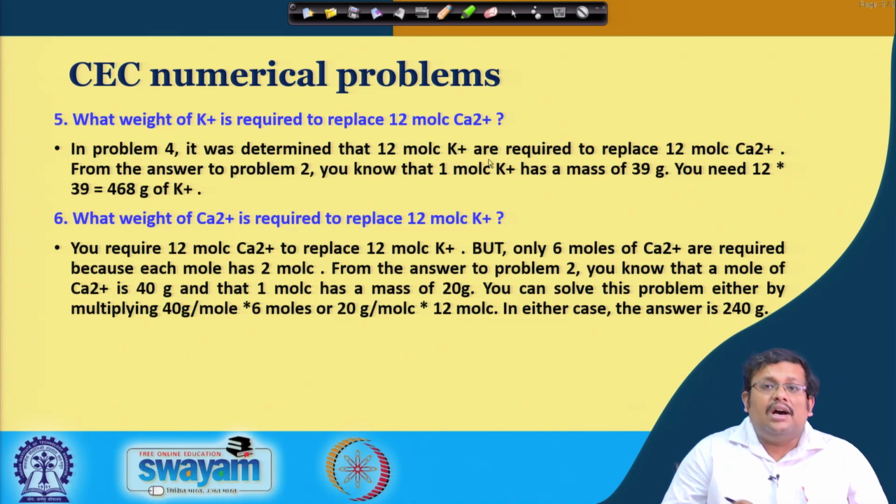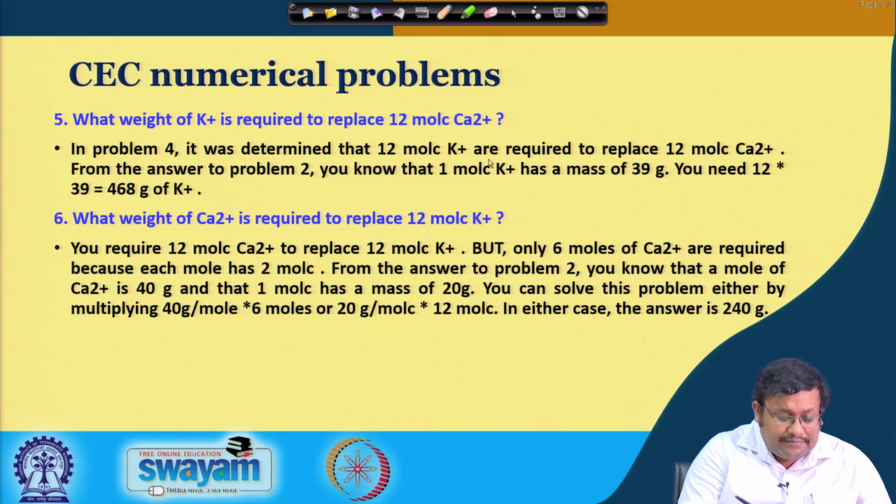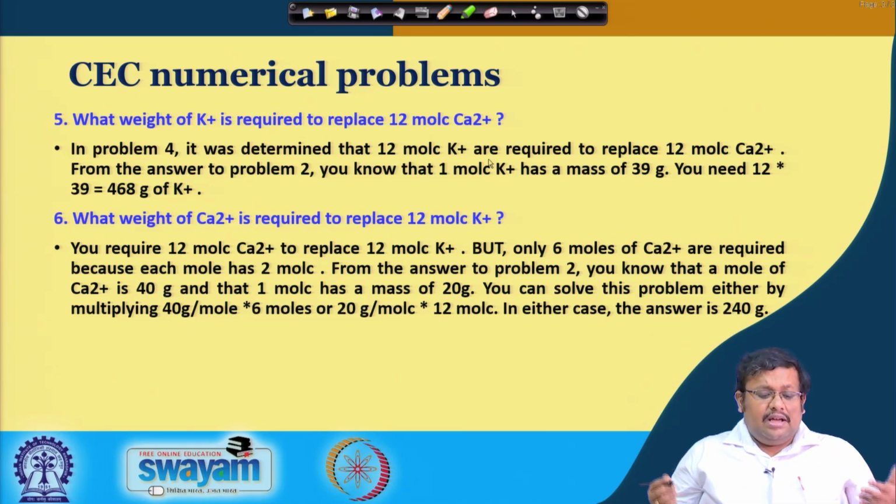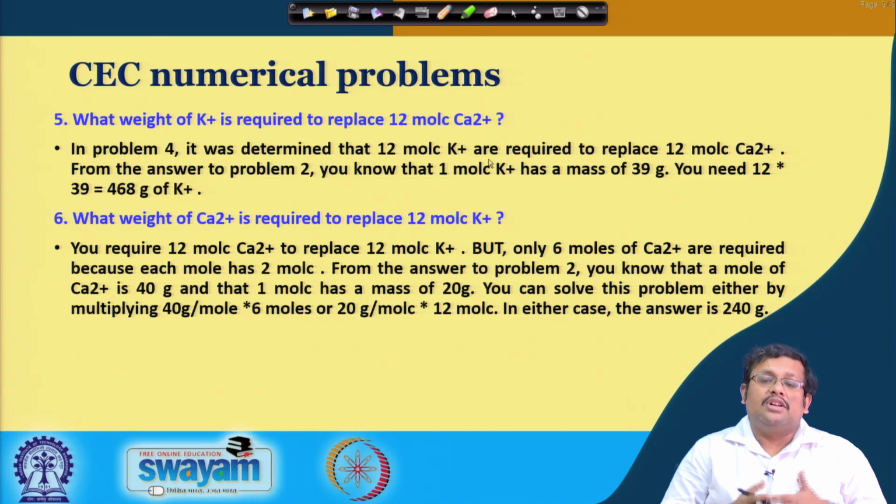In the sixth problem, what weight of calcium 2 plus is required to replace 12 moles of K plus. To replace 12 moles of K plus we require 12 moles of Ca2 plus, which basically comes from 6 moles of calcium chloride, or 6 moles of calcium.